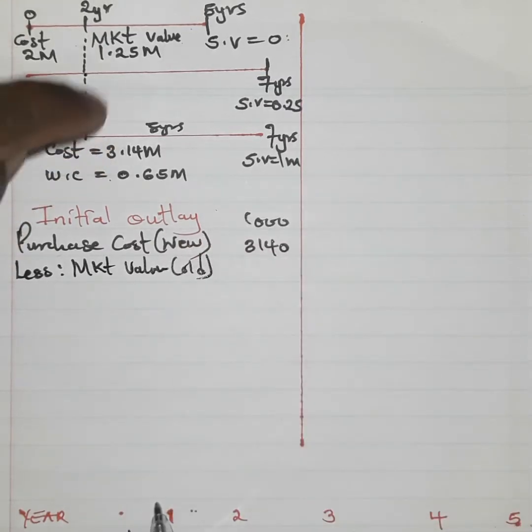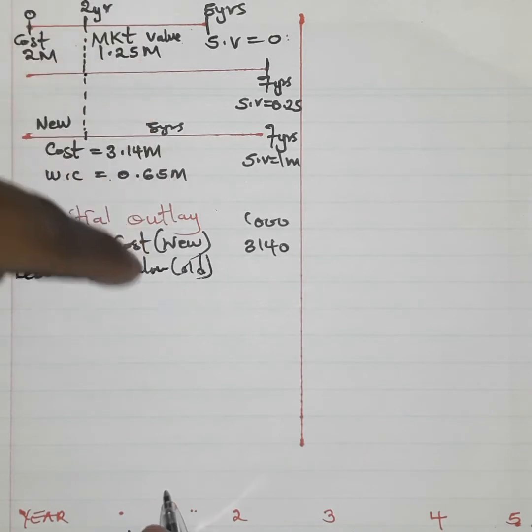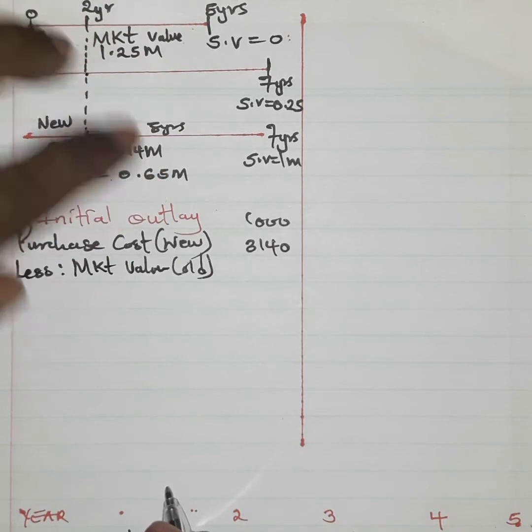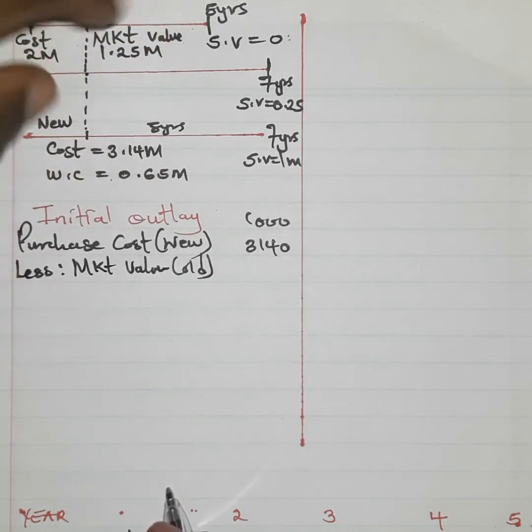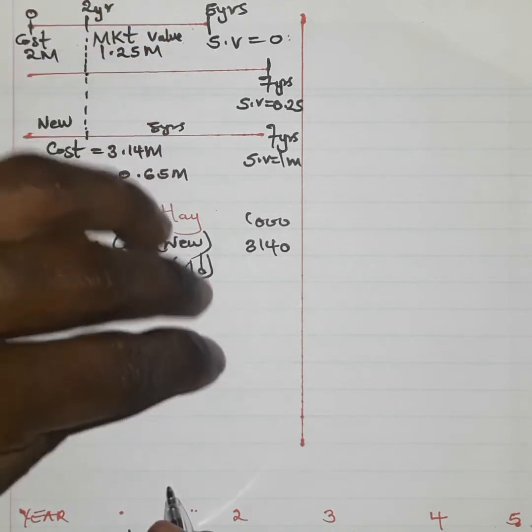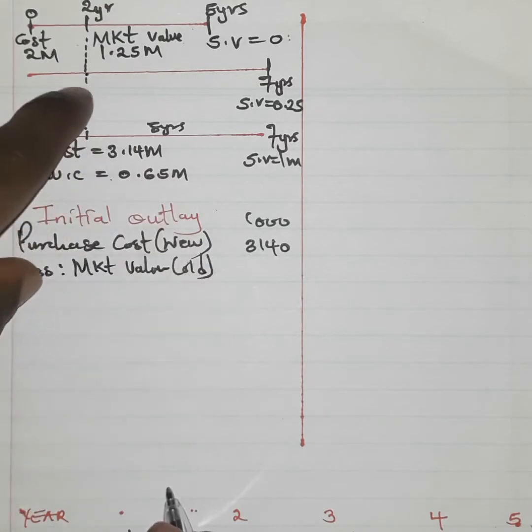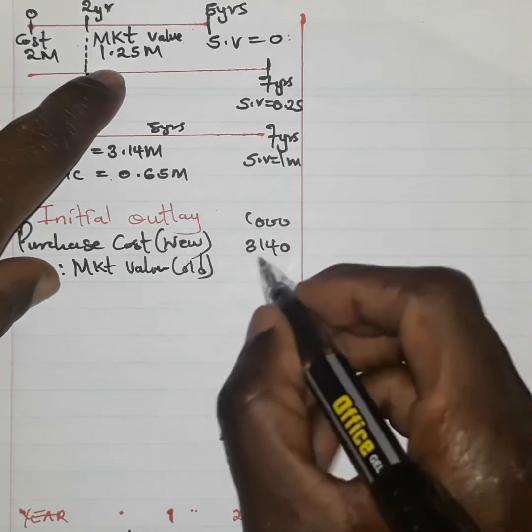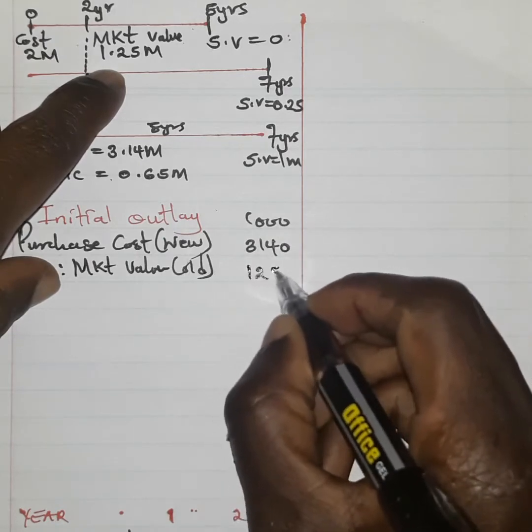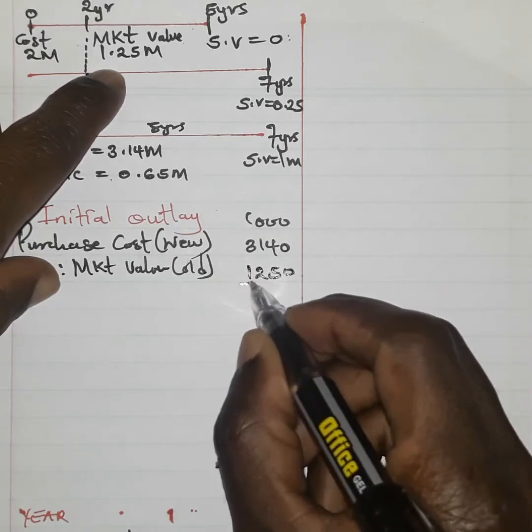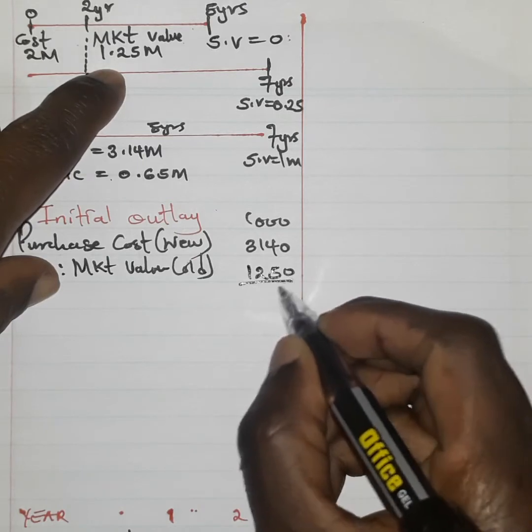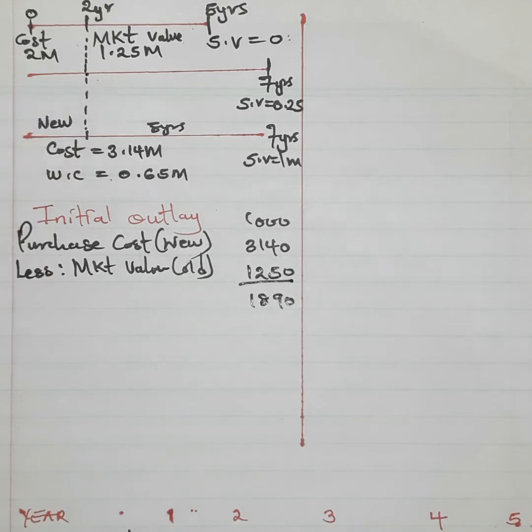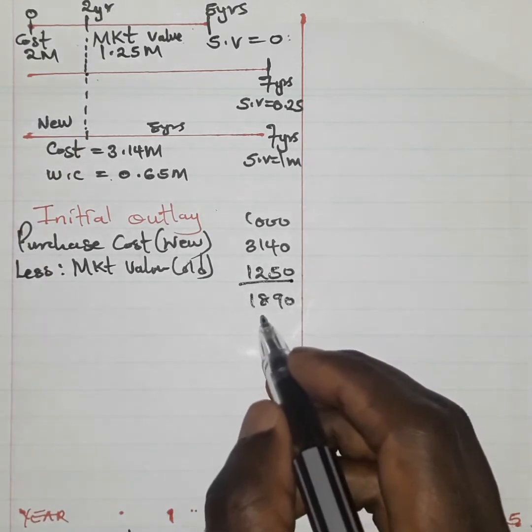Because the old machine, or the existing machine, is being sold at the market value, we subtract that value to get the initial outlay that is going to be reinvested into the new machine, and our market value is 1.25, which is equivalent to 1250. When you subtract these two values, you get an amount of 1890. That is 1.89 million.